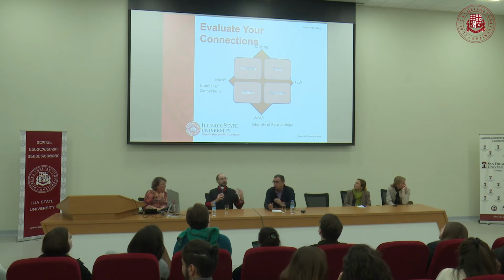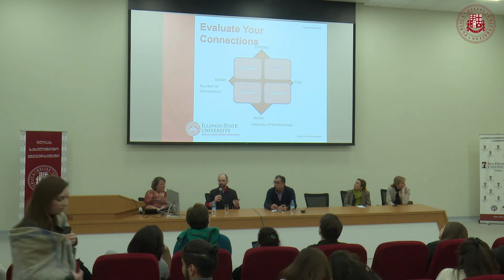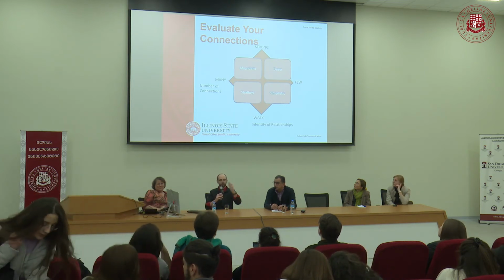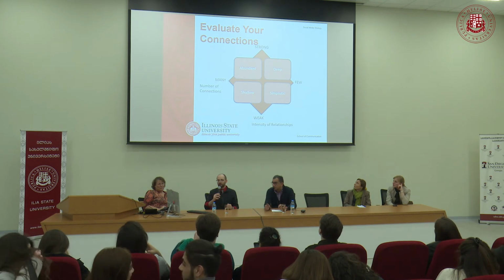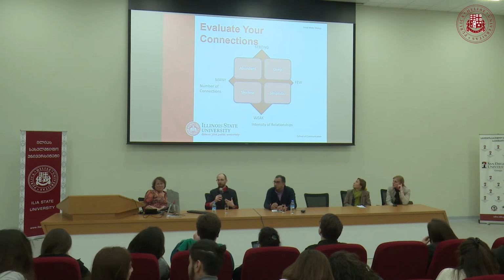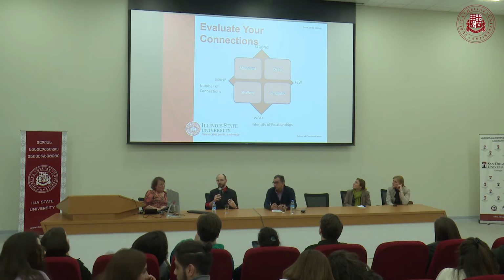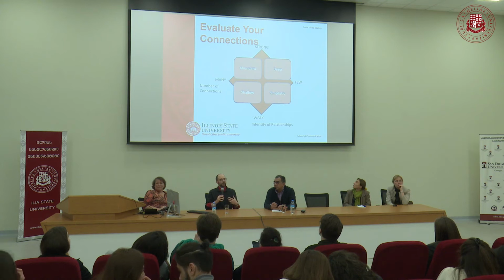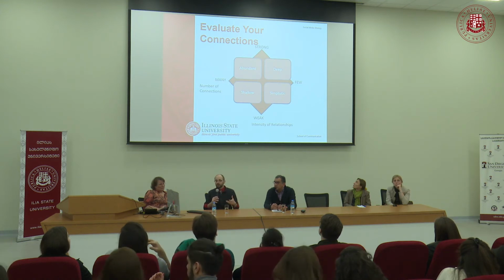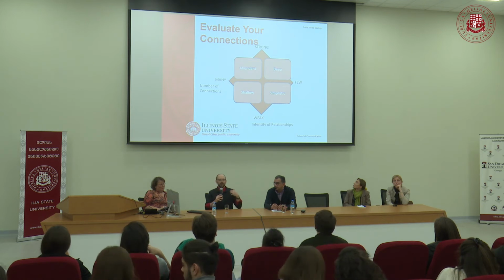So we can have the volume, or the number of connections, which you can see are many to few, and then we can also have the intensity of those relationships. Are they very strong relationships, or are they weak relationships? And as we look at this chart, really it's about measuring where you are, and then also saying where do you want to be based on your business and your communication goals.